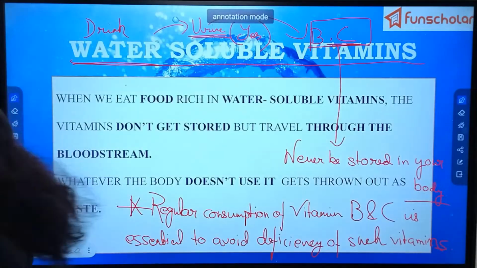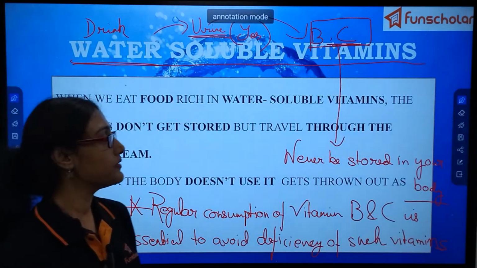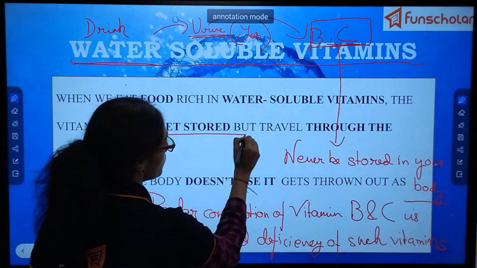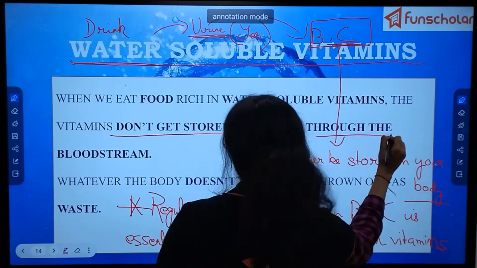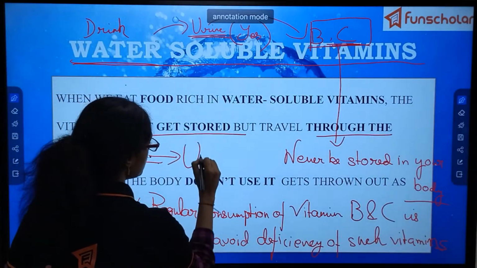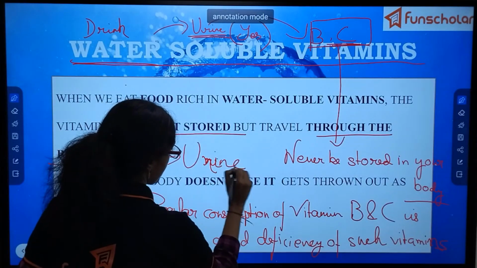Now let's read. When we eat food rich in water-soluble vitamins, the vitamins don't get stored but travel through the bloodstream and ultimately to urine. Okay?